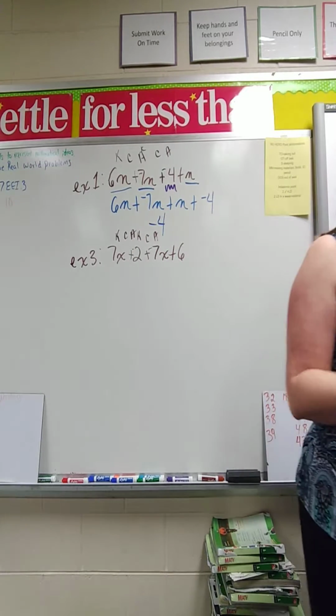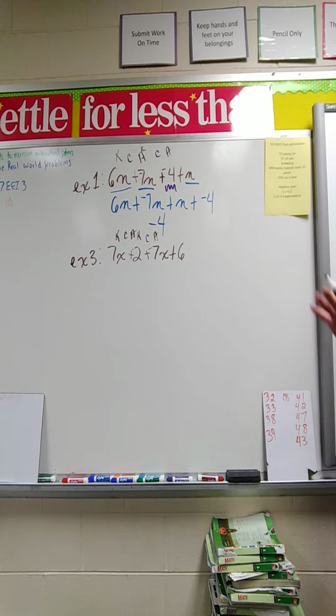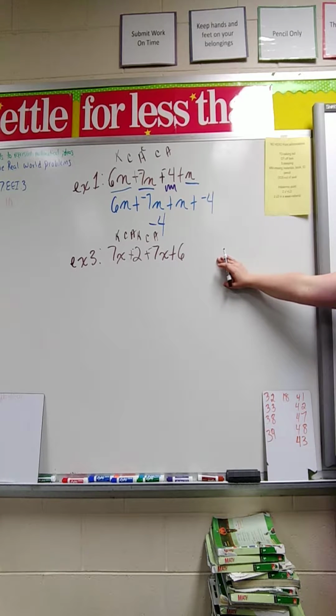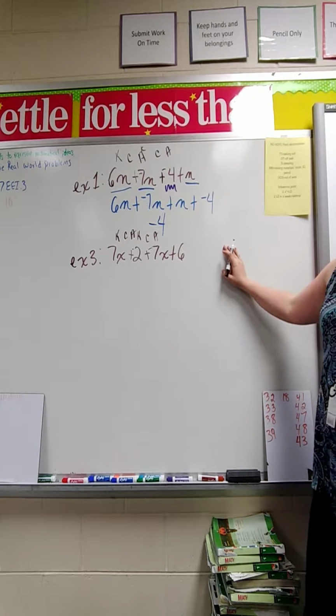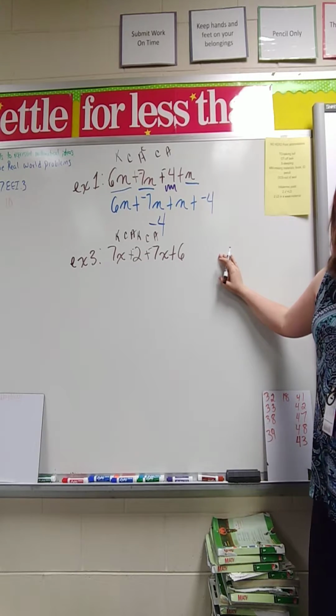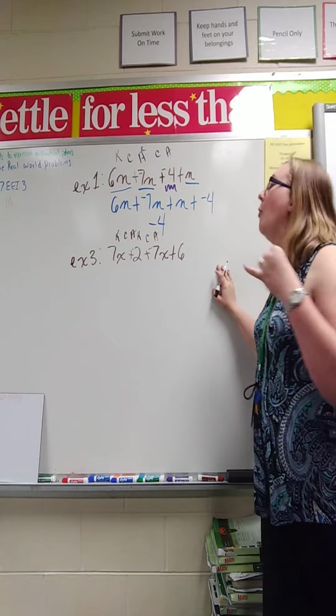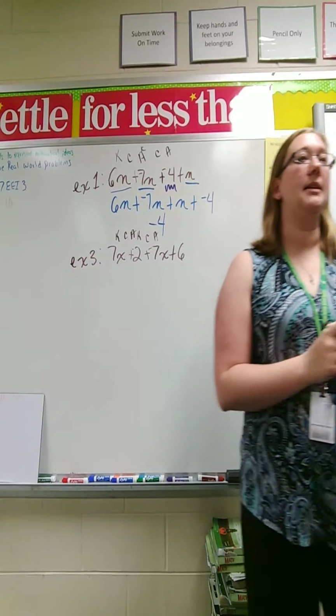That can happen, that's okay. Now do I have all addition? If I have all addition, now can I combine like terms? I could. What are the like terms that I'm going to combine this time?